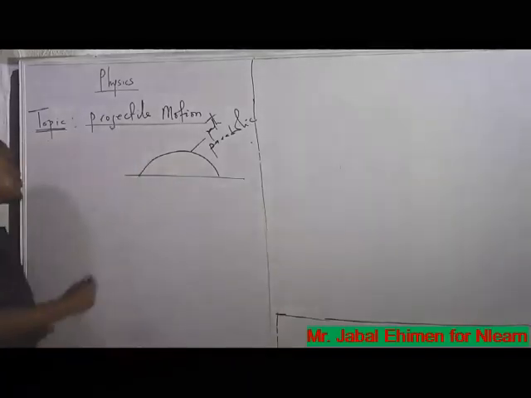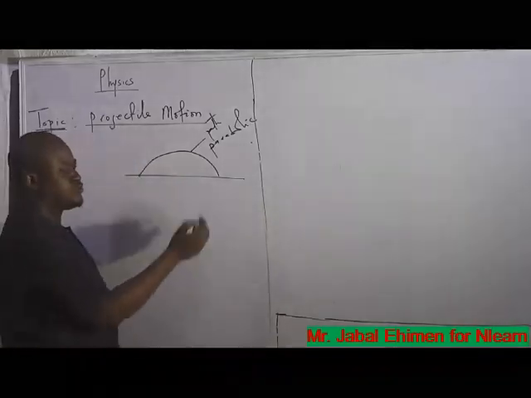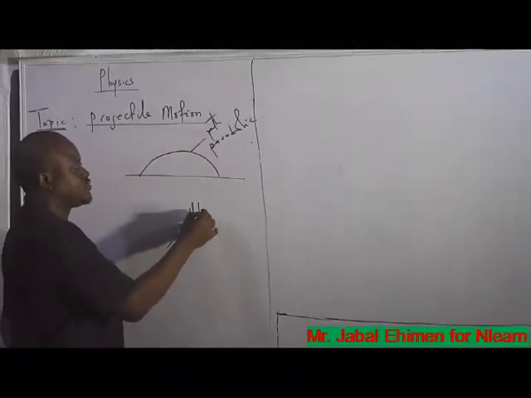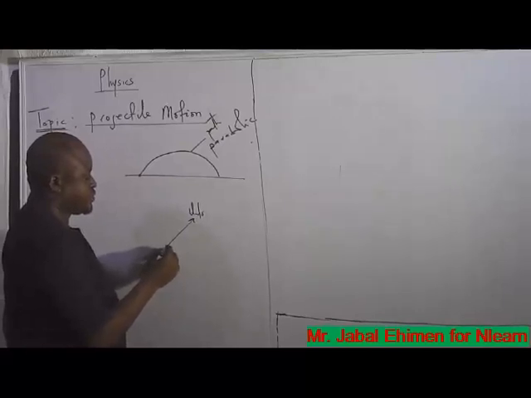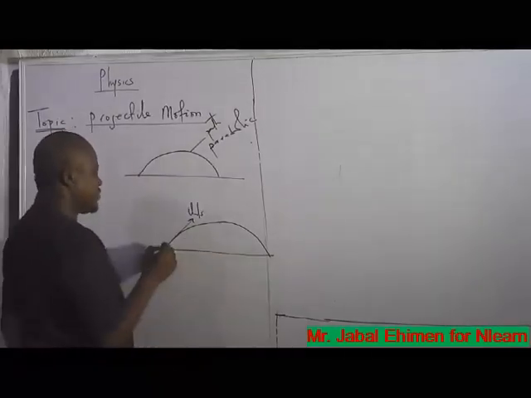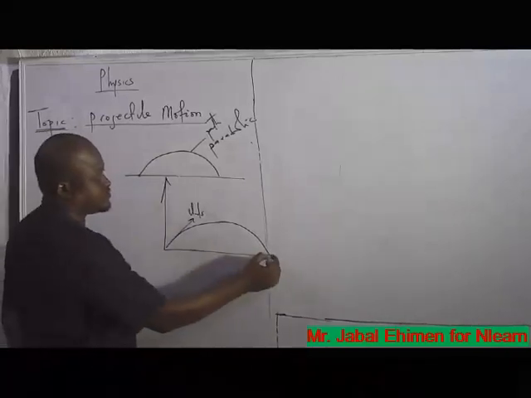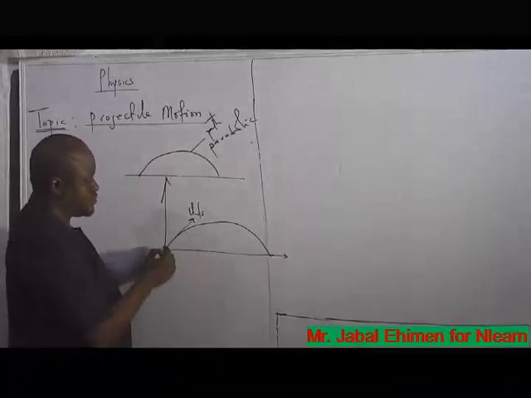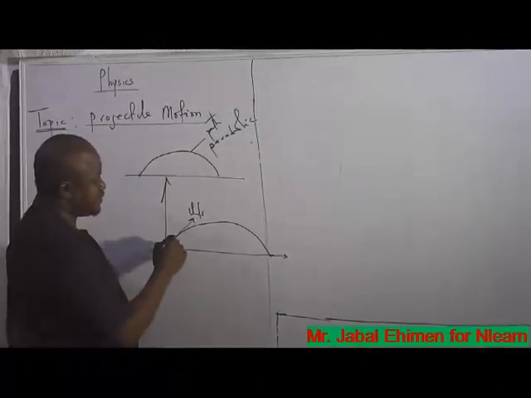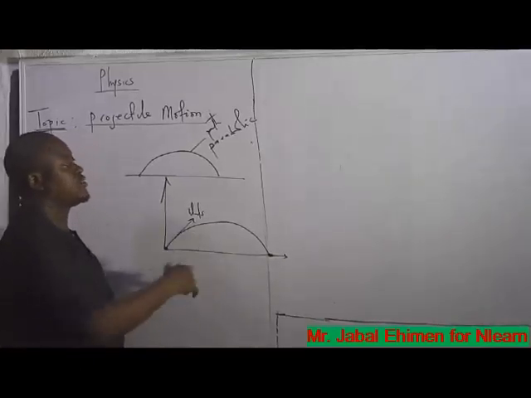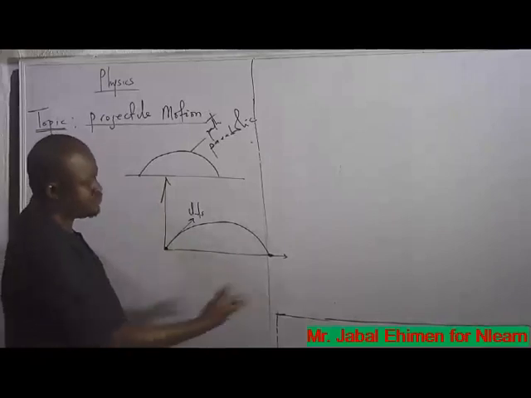For example, if I kick a body with an initial velocity u, a meter per second, and the body moves in such a way that it lands, and this is the vertical component, this is the horizontal component. It moves from where it was projected, moving down until it finally lands. This kind of projectile, I'll call a horizontal projection.